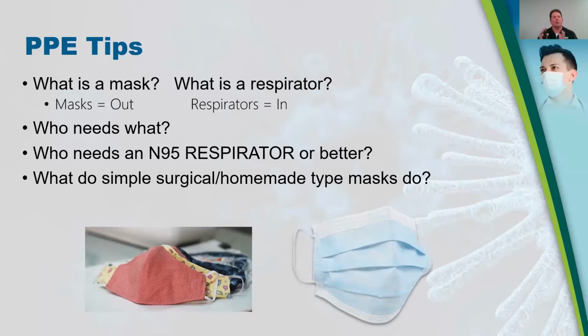Once we get into the respirator side of things from an OSHA perspective, a couple different things happen. If you're going to require your staff to wear an N95 respirator, you need to have a respiratory protection program. N95 respirators need to be fit tested. They're sized. They use a fit testing procedure to make sure that they're adequately sealing to the face and accomplishing what they're designed to do.